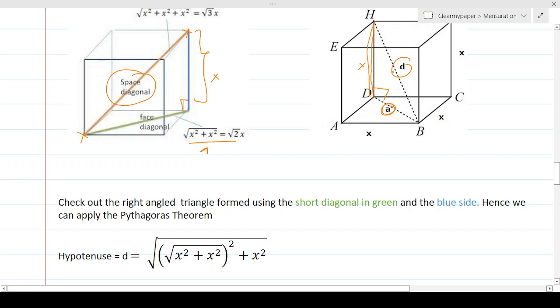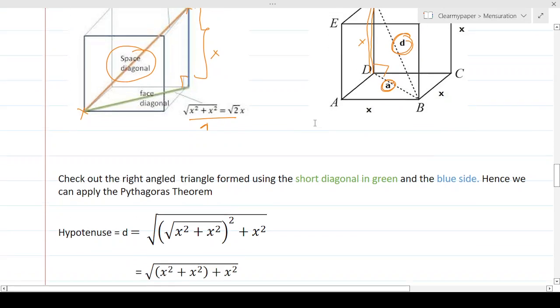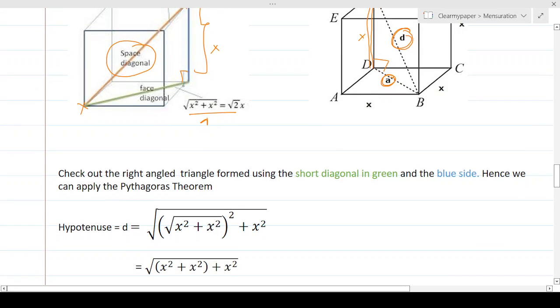So this diagonal or the longer diagonal is again going to be Pythagoras, and it might look tricky, but it's pretty simple. What we're going to do is take the whole length of this and square that, because we know that the hypotenuse is equal to the square root of side 1 square plus side 2 square, and we have the whole root.